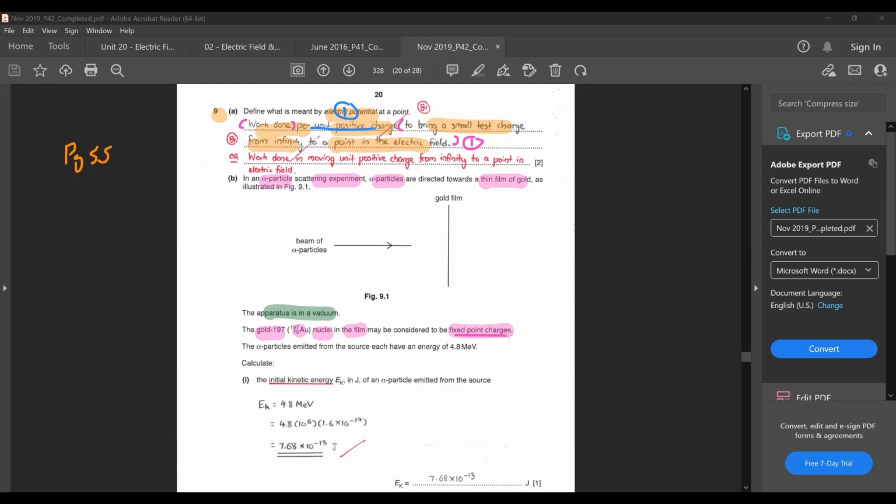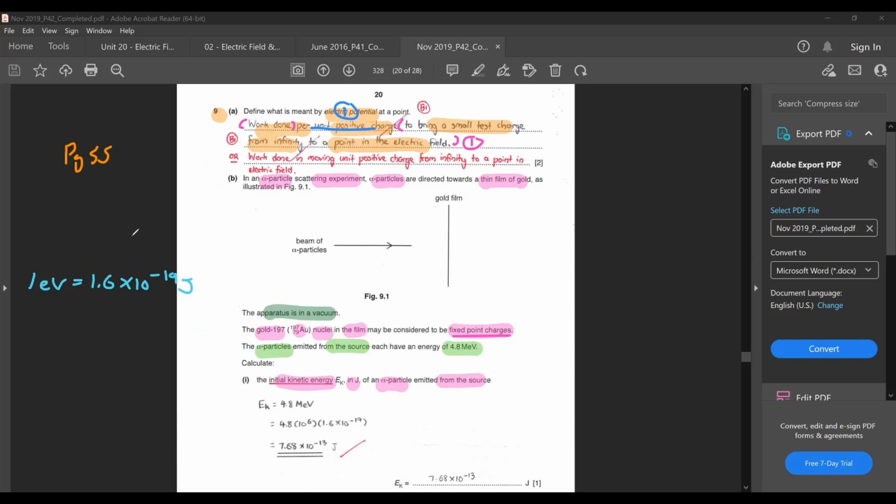The alpha particles emitted from the source each have an energy of 4.8 MeV. Calculate the initial kinetic energy in joules of an alpha particle emitted from the source. Before this, in particle physics, I would have mentioned that 1 eV is 1.6 times 10 to the power minus 19 joules.